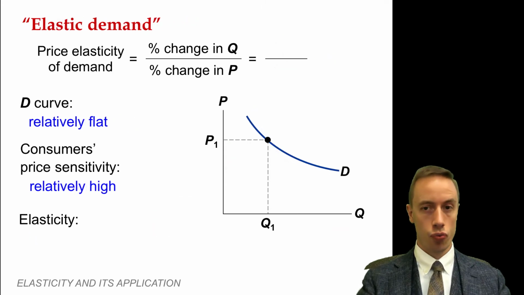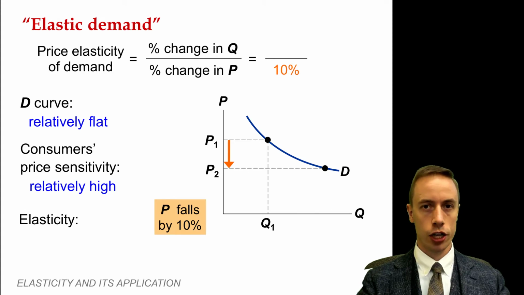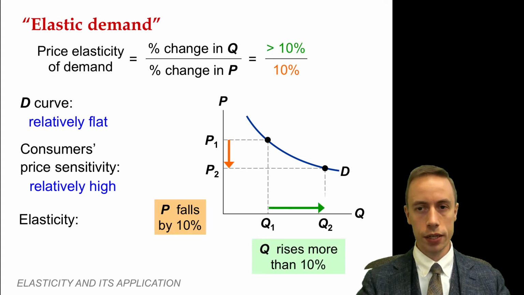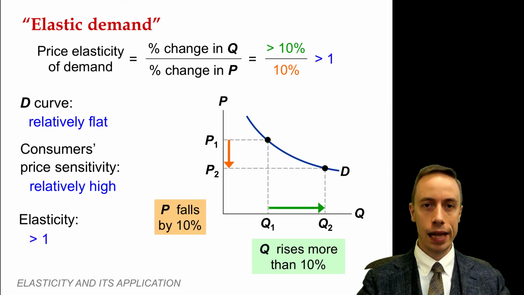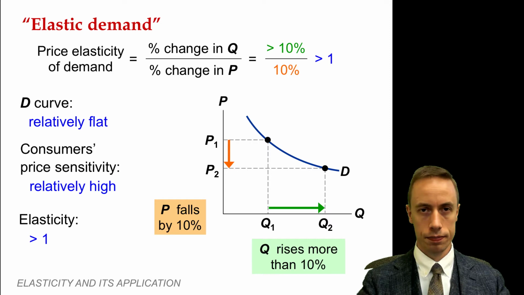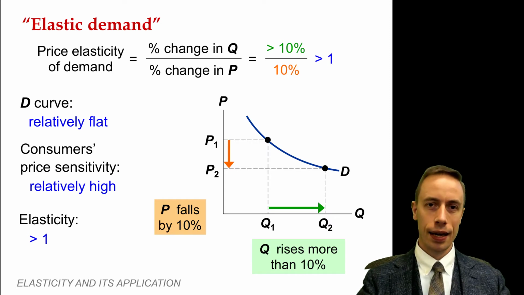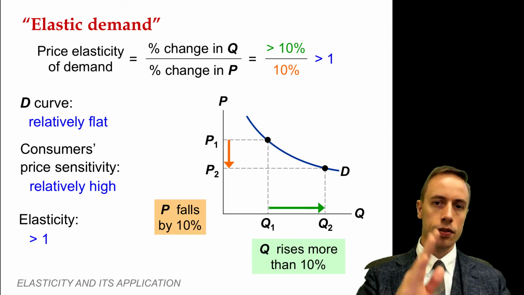Starting at numbers greater than 1. So again, here a price change gives us a quantity change that's greater than the underlying price change. We are looking at elastic demand curves with an elasticity greater than 1. Notice that as we increase the elasticity, the demand curve becomes flatter.